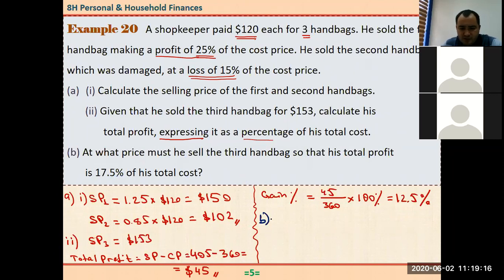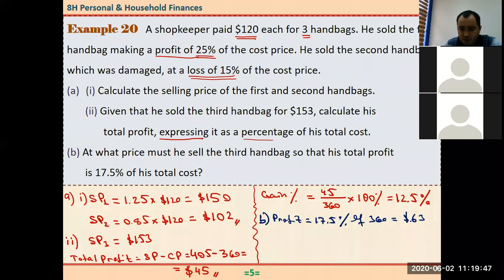Let me write here. Expected profit, let's say P, is 17.5% of 360, which is 360 times 17.5 divided by 100. That is $63.